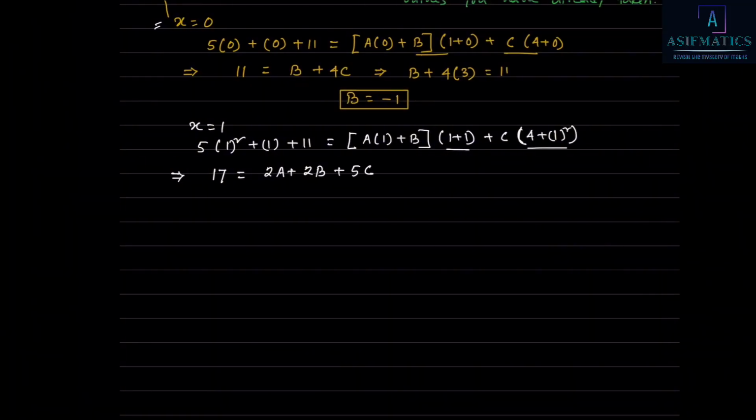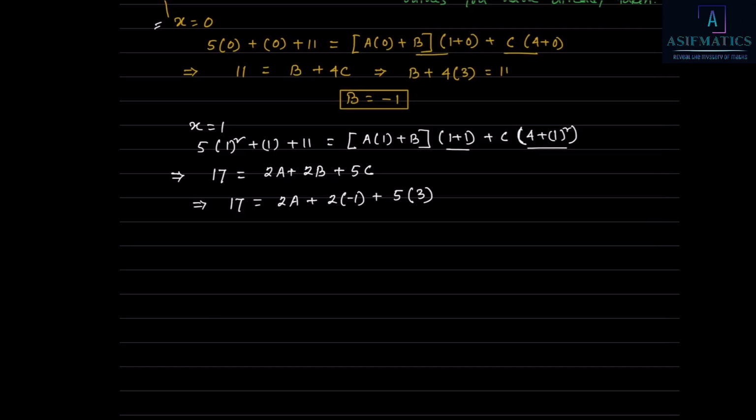Now we can put the c and b values in this equation to get the a value. So we can write 17 equals 2a plus 2 times minus 1 plus 5 times c, which is 3.